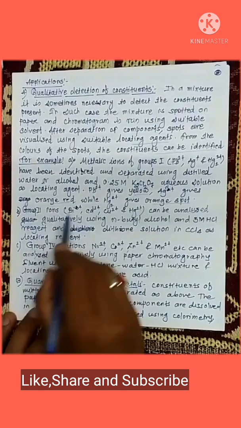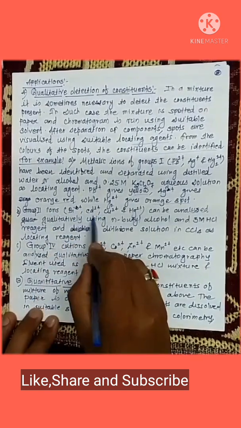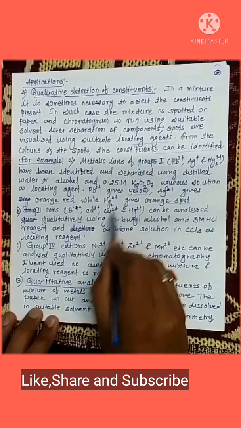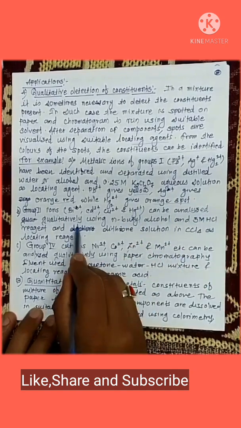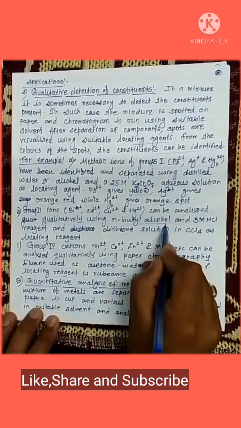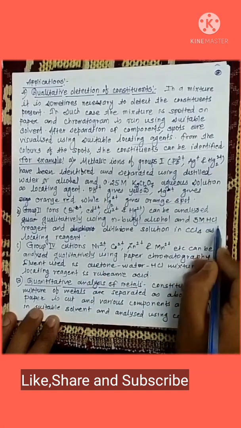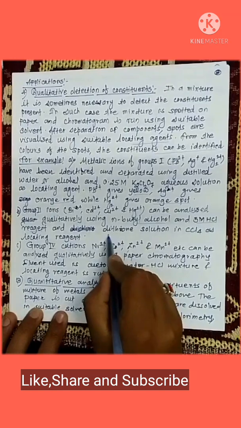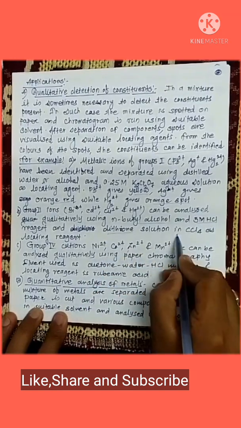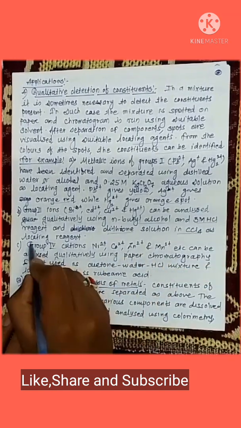Group 2 ions, that is bismuth 3+, cadmium 2+, copper 2+, mercury 2+, can be analyzed quantitatively using N-butyl alcohol and 3 molar HCl reagent, and dithizone solution in CCl4 as a locating reagent.